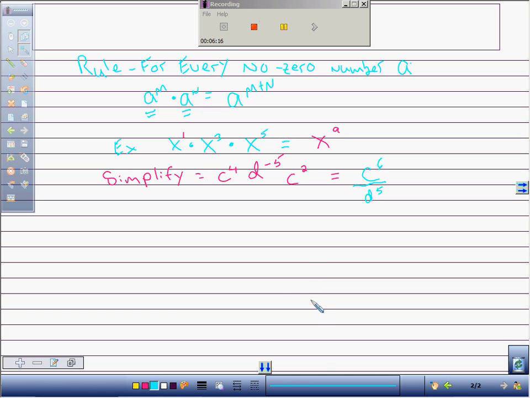What if they have something like this? Here we go, which they will. Those mean textbook people. They'll do 5x squared times 2x to the negative 3 times 3x to the 4th.